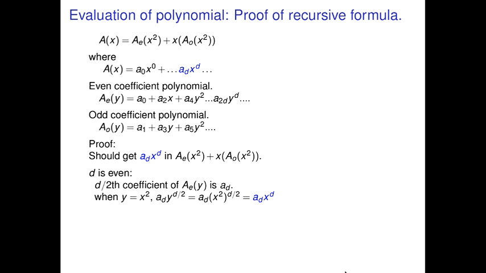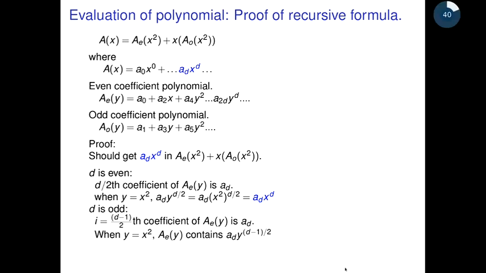When d is even. And similarly for the odd, you have to do something a little bit more. You have to take one extra step. But let's think of where, if d is odd, all the odd coefficients are somewhere in A_odd. This should be A_odd. Okay? And then you plug it in, y equals x squared, A_odd of y contains a_d y to the (d minus 1) over 2, which is a_d times x to the d minus 1.